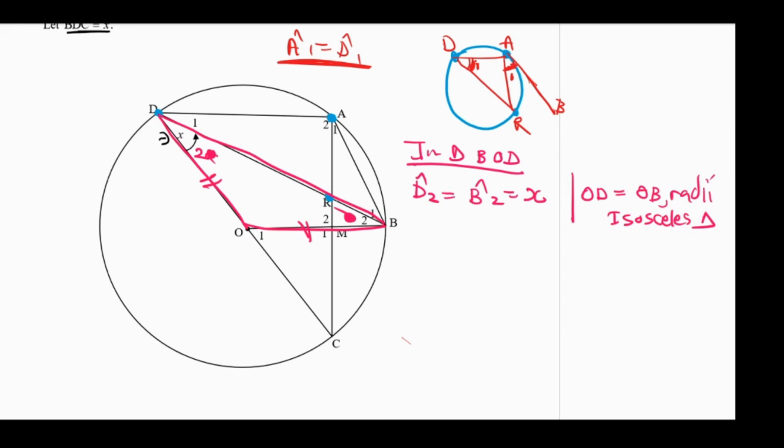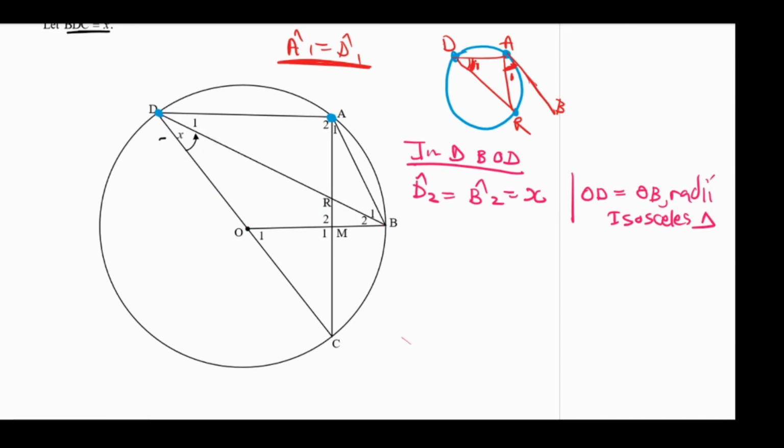Cool. And then another thing we can do is, because the whole point here is to make sure that this D1 is equal to this A1, so we're trying to find that out. Please don't forget. So for us to continue doing that, we first have to prove that this is actually 90 degrees here. So how are we going to do that? Let me erase this so that everything is clear.